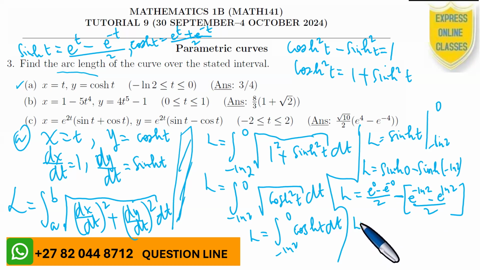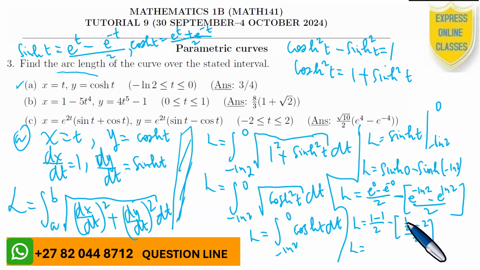Right, so what is e to the power 0? It is 1, minus 1 out of 2, minus, what is e to the minus ln 2? It is 1 half, minus 2 over 2. 1 minus 1 is 0.